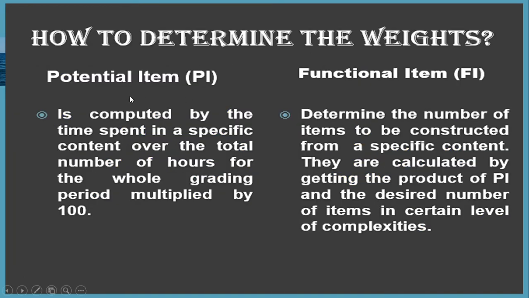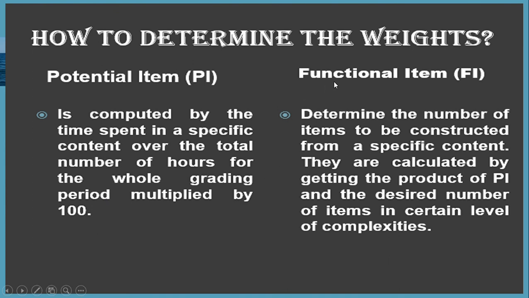So, how do we determine the number of items? First is the potential item, or the PI. It is computed by the time spent in a specific content over the total number of hours for the whole grading period, multiplied by 100.